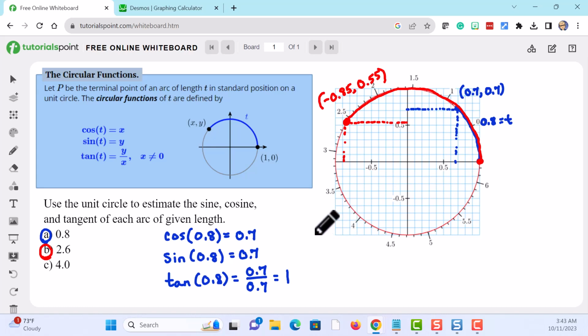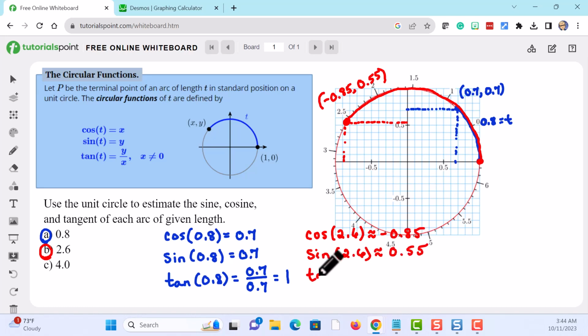We have cosine of 2.6 is approximately negative 0.85. The sine of 2.6 is approximately 0.55.